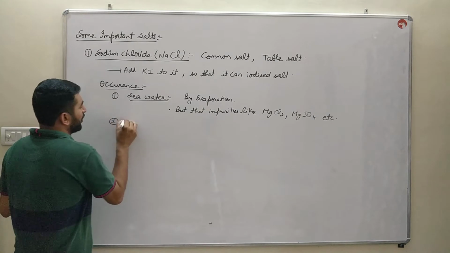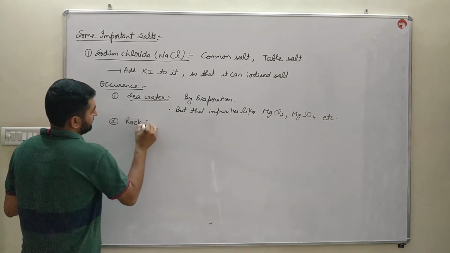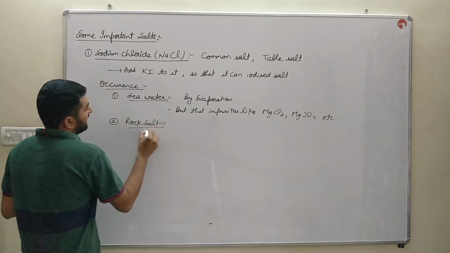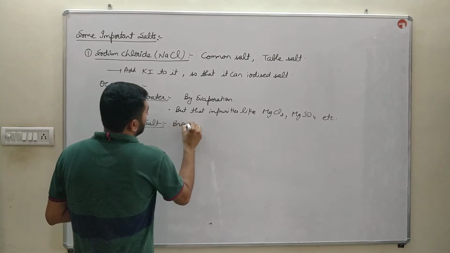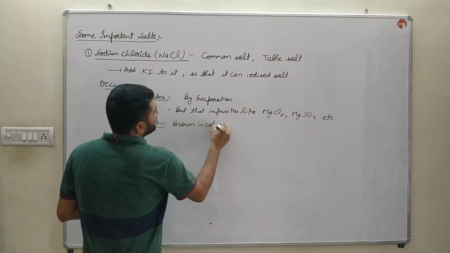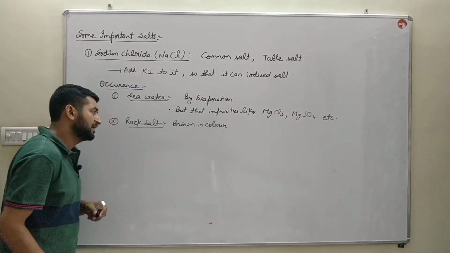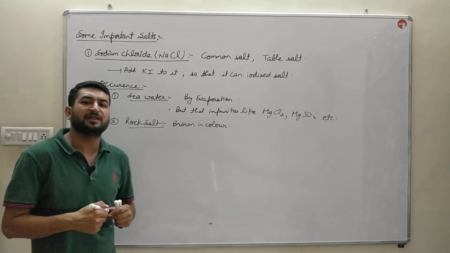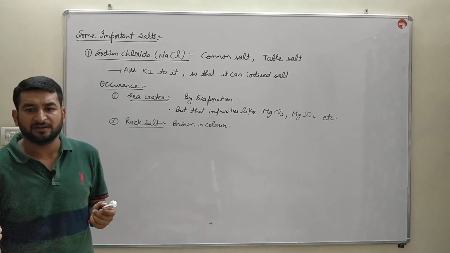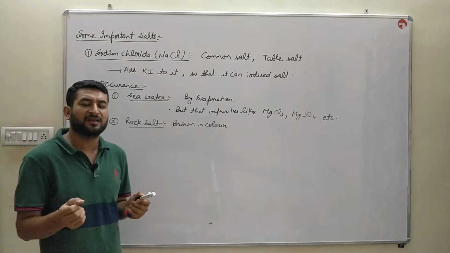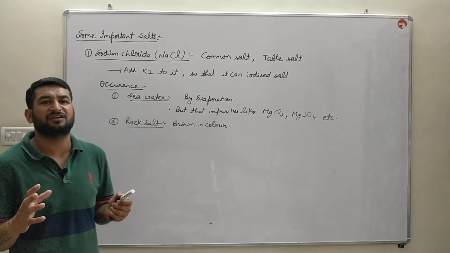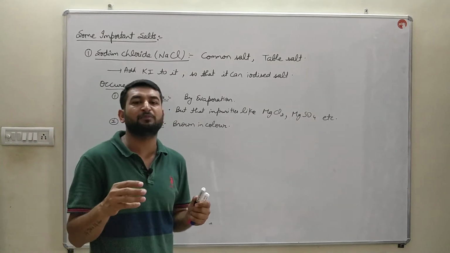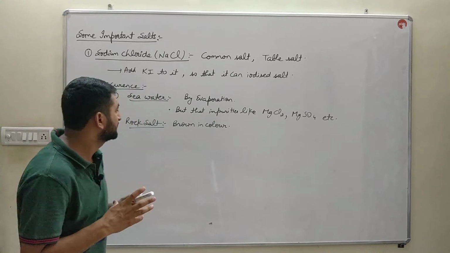Next, second is rock salt. Its color is slightly brown, lightish brown in color. Rock salt is obtained in Mandi in Himachal Pradesh in India, some regions of Rajasthan, as well as in the Khewra region of Pakistan, the Punjab, which is situated in Pakistan.